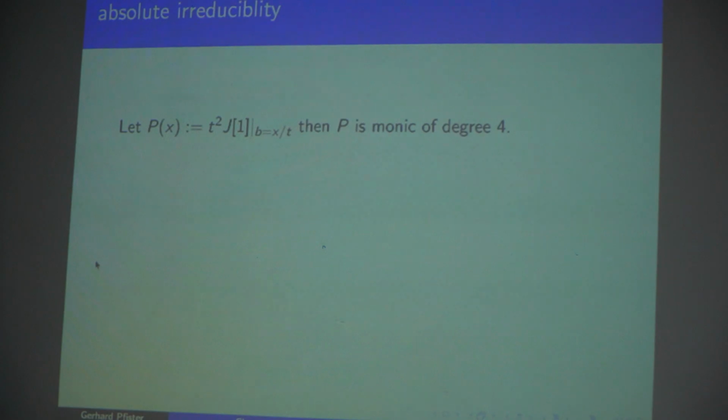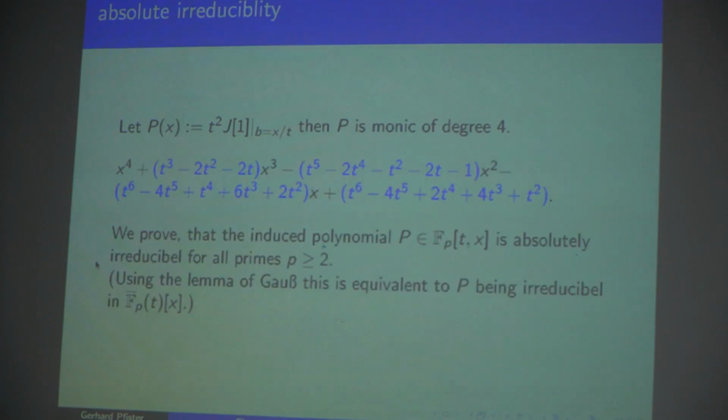So now we define the polynomial p, which comes from this reduction. And now we have a very concrete polynomial in x with coefficients in t. And we have to prove that this special polynomial is absolutely irreducible for all primes. So that is a very concrete question.